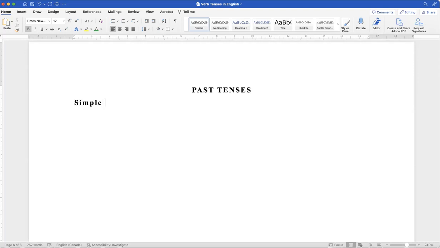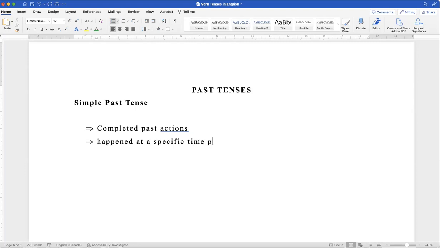So we use simple past tense for completed past actions that happened at a specific time point in the past. So these two parts are important, and we mostly use a specific time point in the past.